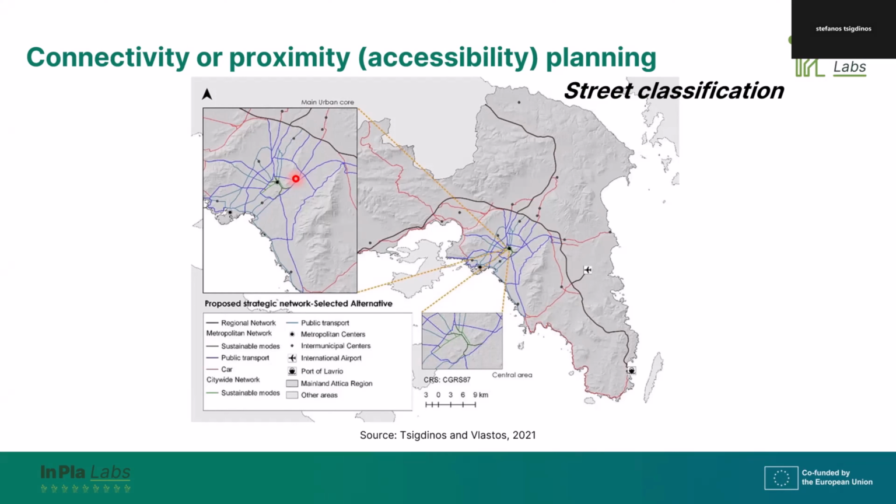So to date, or like 15 years ago, the classification of our streets was car-oriented, but now the paradigm is shifting towards a more sustainable street classification, where we consider street space not only for cars, but also for pedestrians, for people with disabilities, for cyclists, for e-scooters, and primarily for public transport. So street classification is a tool to connect different land uses, different activities, different places. And it's an example of connectivity.